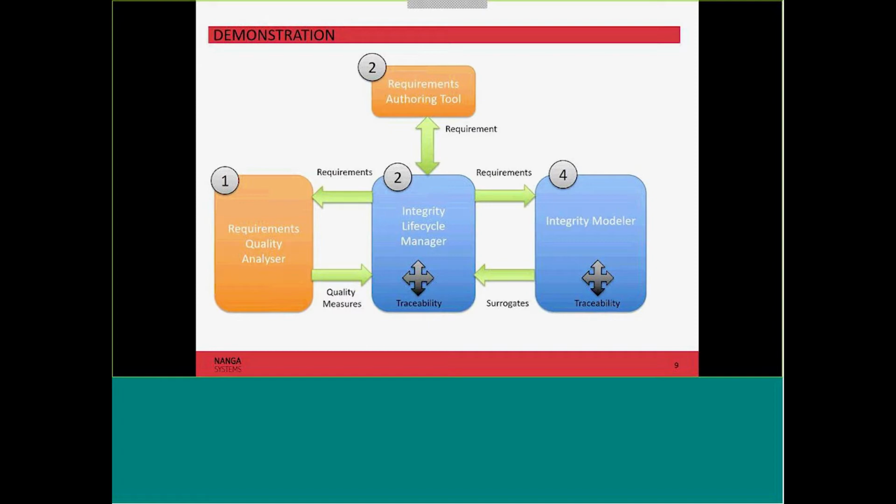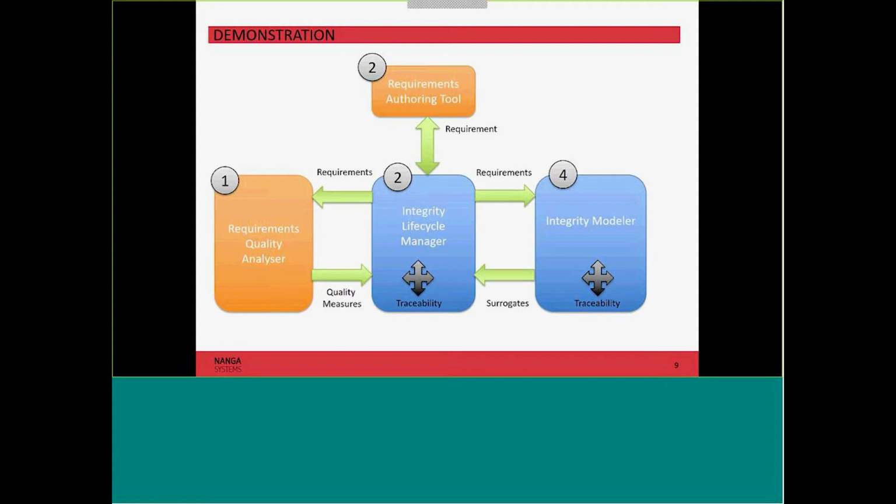fed back into the requirements management system. We'll then look at Integrity Lifecycle Manager. We'll see how requirements are manifest in Lifecycle Manager and some of the benefits of using it as an ALM tool in terms of traceability. Then we'll look at the requirements authoring tool, how we can use the RAT plugin to author and add requirements to Lifecycle Manager.